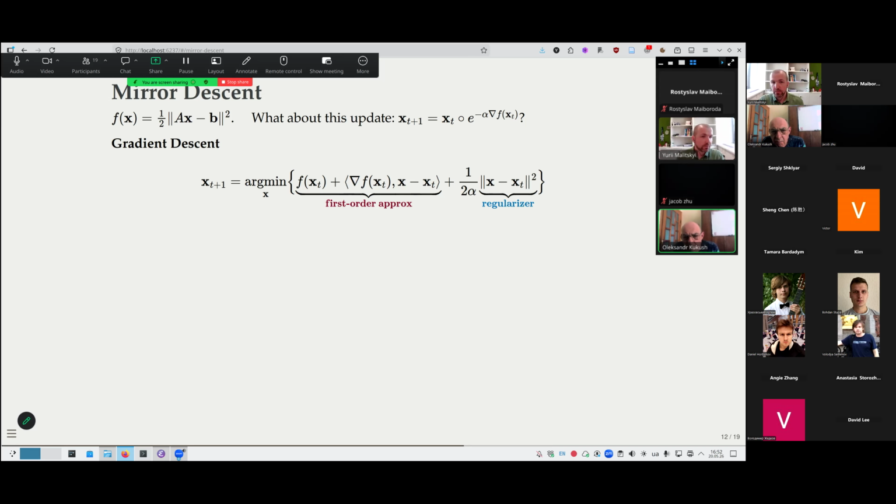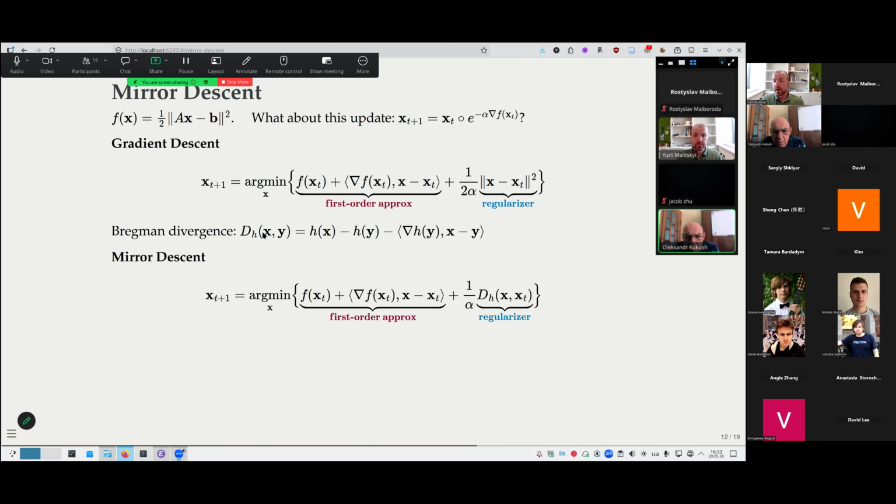Again, as we did before, instead of this quadratic regularizer, let's consider a more general regularizer. Let's consider a Bregman distance as we had before. So it's the same formula as we've seen before. And now we will call this method either Bregman gradient descent, or, more typically, mirror descent.